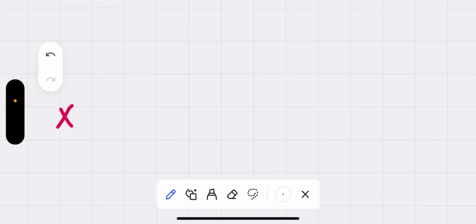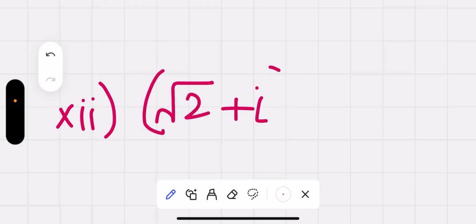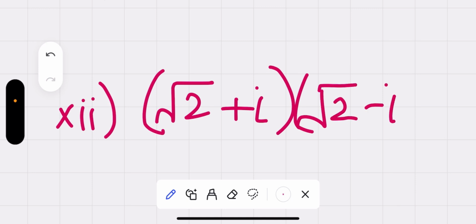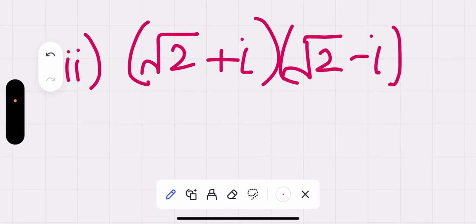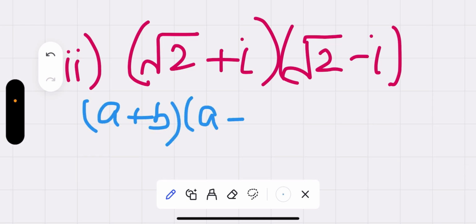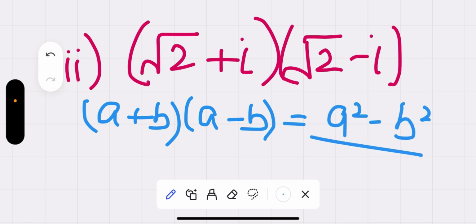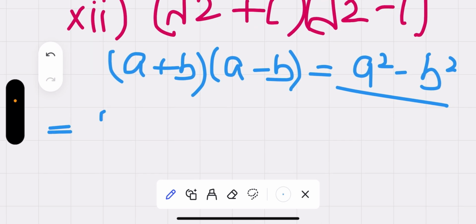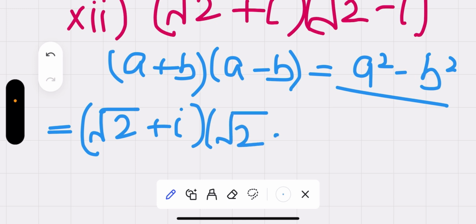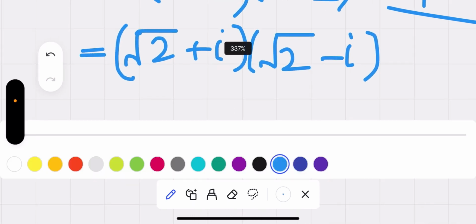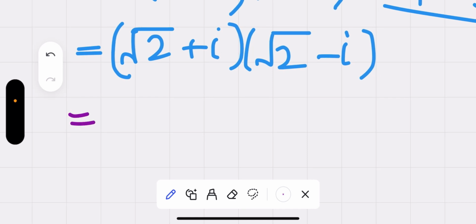Okay, we have next part number 12. (Square root 2 plus iota) and (square root 2 minus iota). So again, this is in the form of a plus b and a minus b, which equals a square minus b square. So we can directly replace by this formula. First step, (square root 2 plus iota)(square root 2 minus iota). So a plus b and a minus b gives a square minus b square.